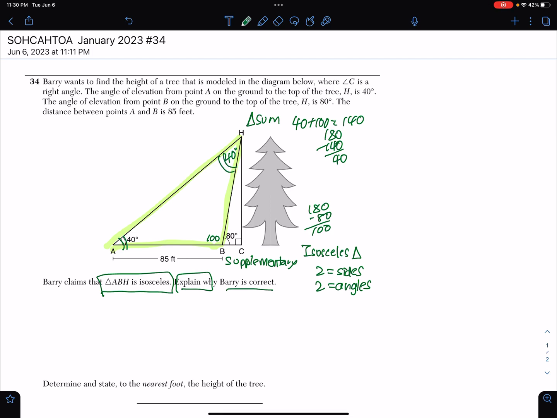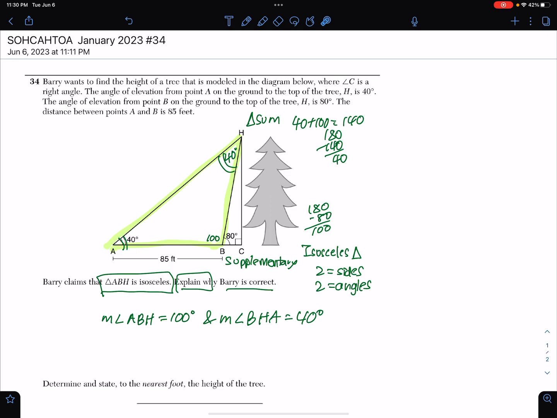And so let's just write down what we figured out. We figured out that the measure of angle ABH was 100 degrees, and the measure of angle BHA equals 40 degrees. And I have all my work and vocabulary words to support my information.